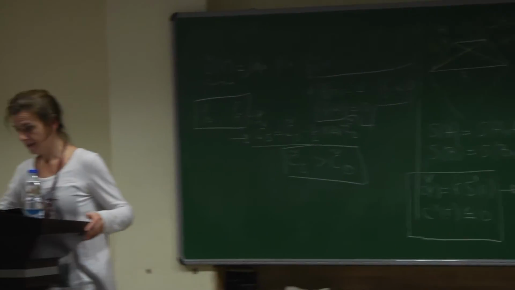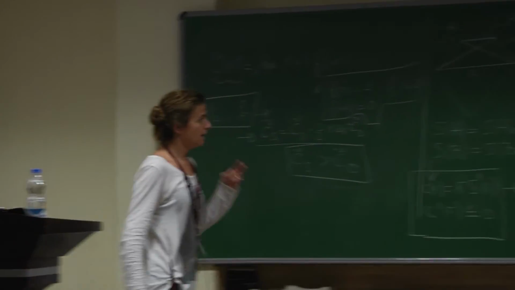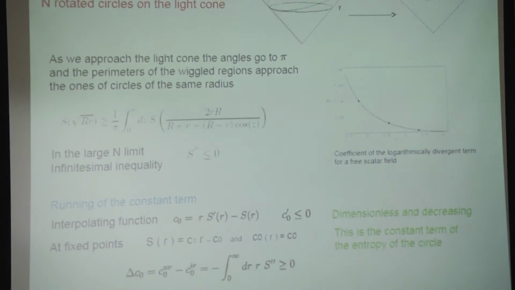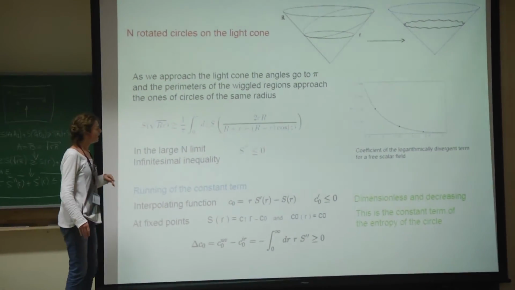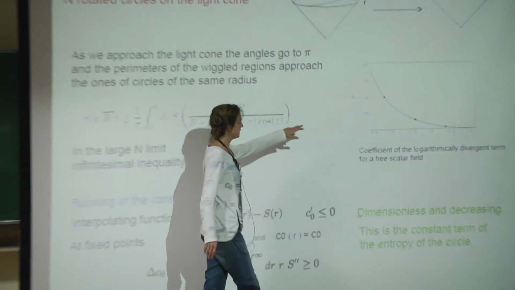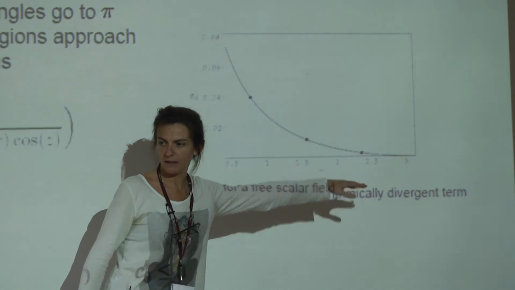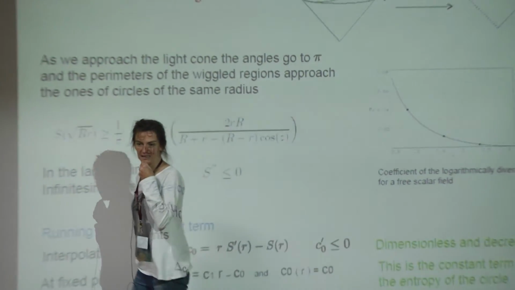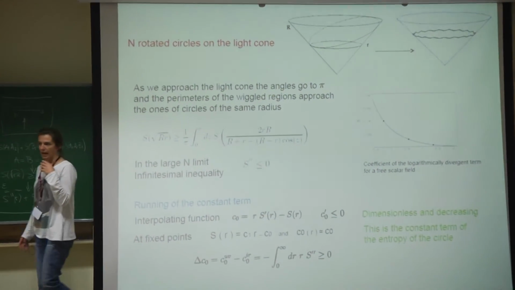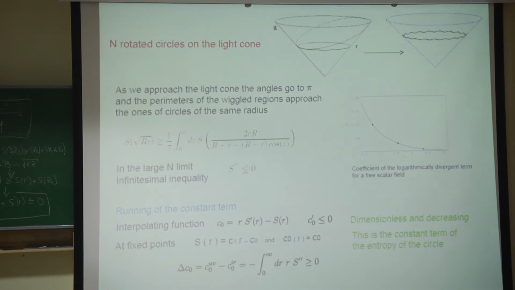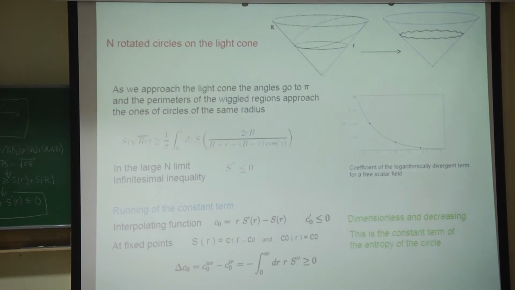But when you approach the light cone, the angles go to pi, and we know that the coefficient for pi is 0 in the log divergent part. And also the perimeter approaches the perimeter of a circle of this radius.